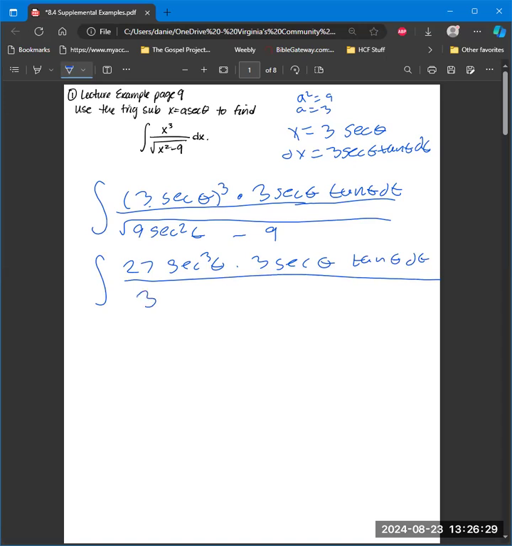That's going to factor out as a 3 square root of secant squared theta minus 1. Secant squared theta minus 1 is tangent squared.